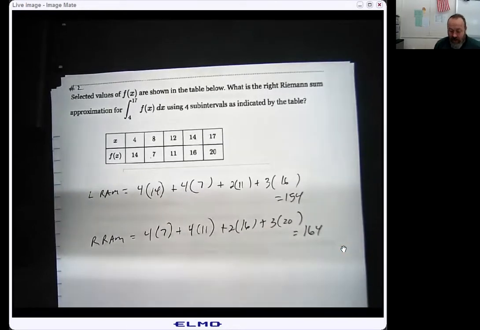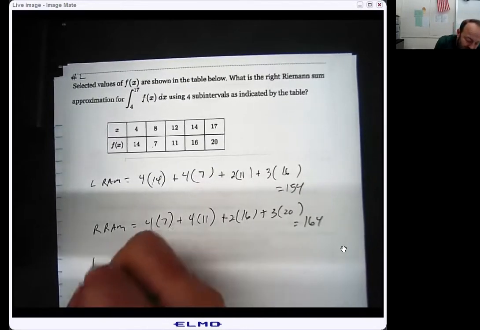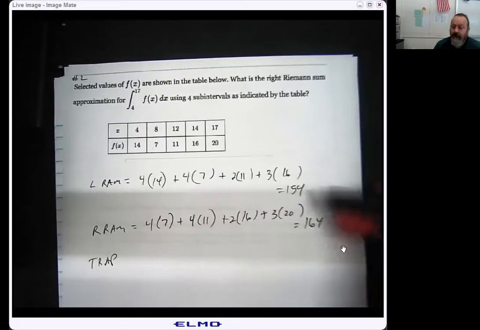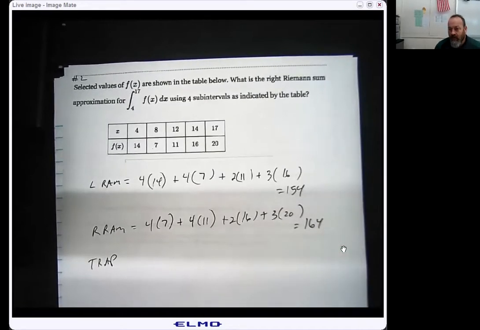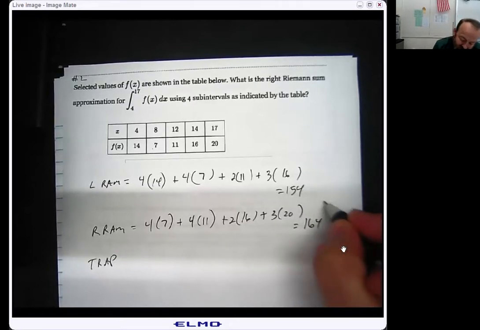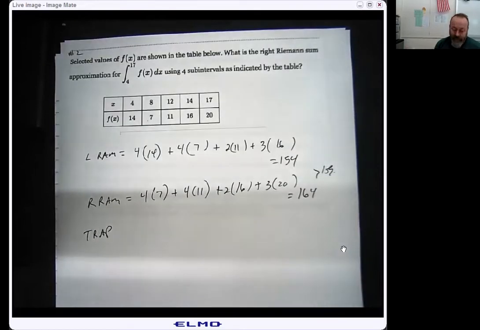Now, what should not surprise you is what's going to happen in this next rule. The trapezoidal sum was always supposed to be this, but the kind of weird part, remember, is that if we just found the average of these, you would actually get 159. But let's just imagine we didn't know that.